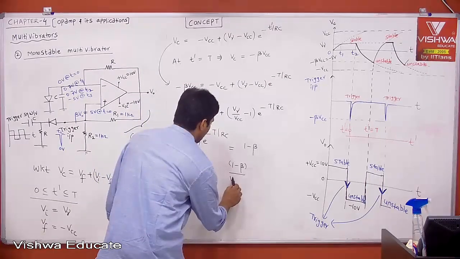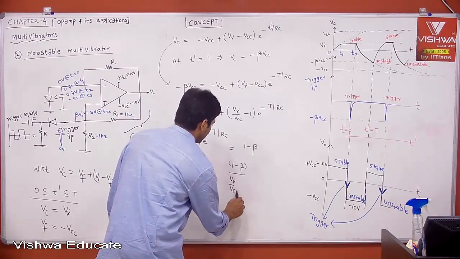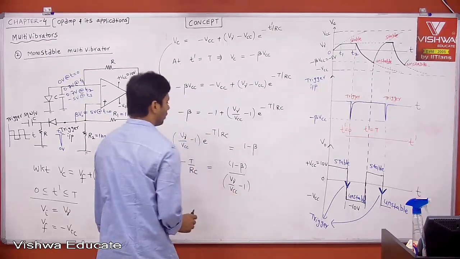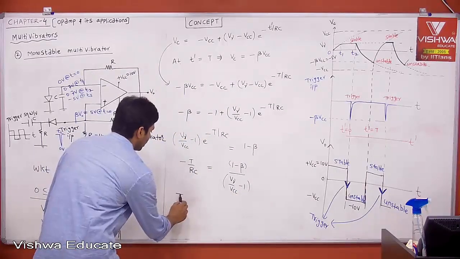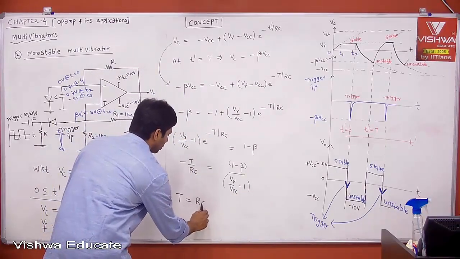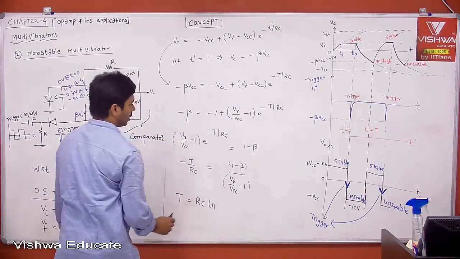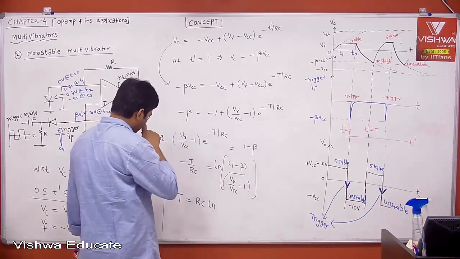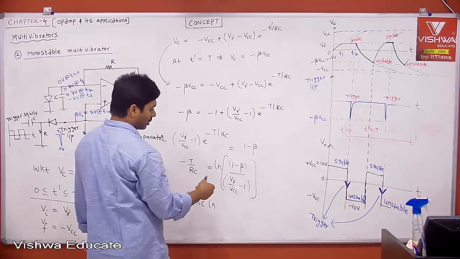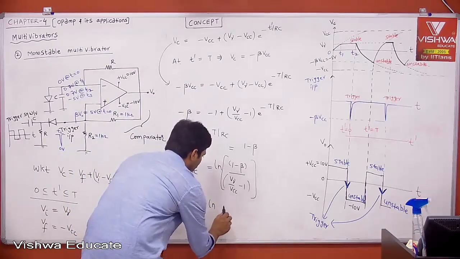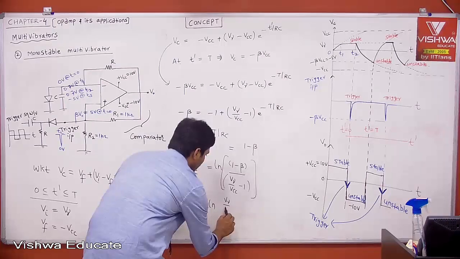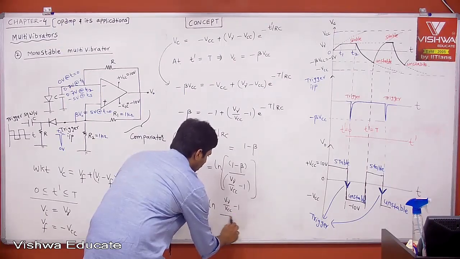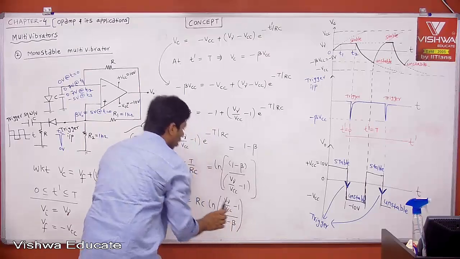Then taking ln, T will be equal to R into C ln of (V gamma by VCC minus 1) divided by (1 minus beta). Why it is wrong, I will tell you.